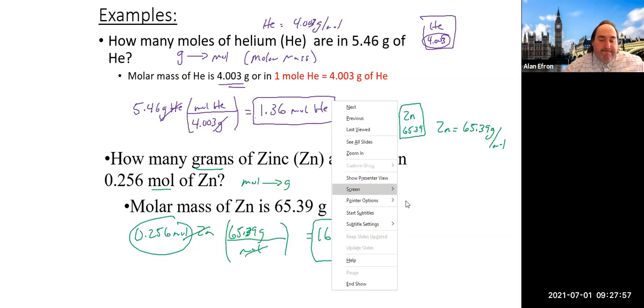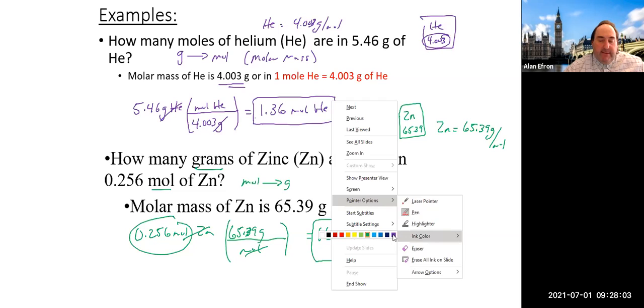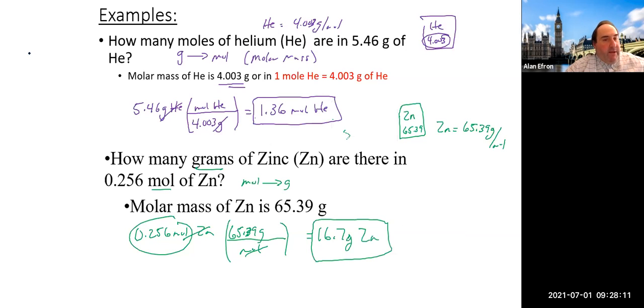Now, I'm going to talk about something here which hopefully will make sense, but in case it doesn't, then we'll talk about it again. We haven't officially talked about equations and balancing equations, but I do want to mention something that's a very common mistake that people make when they go to do the molar mass of something.